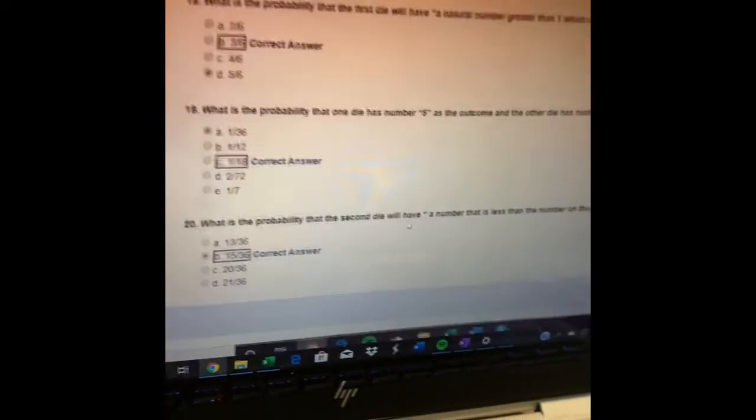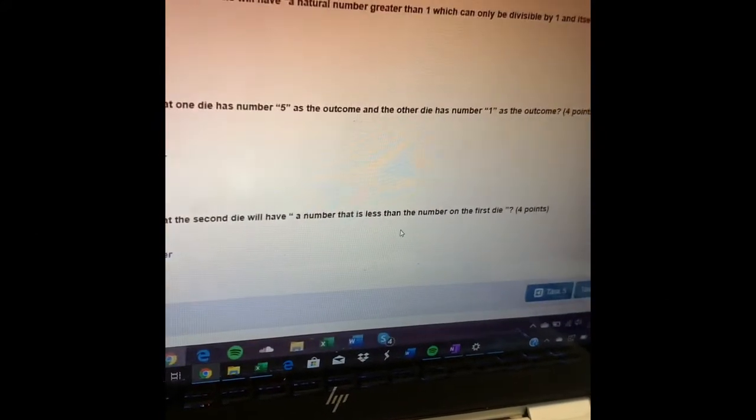And it's going to ask what is the probability that the second die will have a number that is less than the number on the first die. So how I did that one is, you look here at the probability that the first die is less than the other.